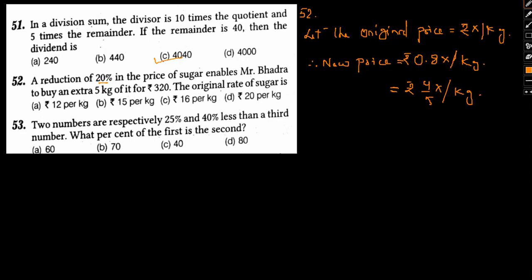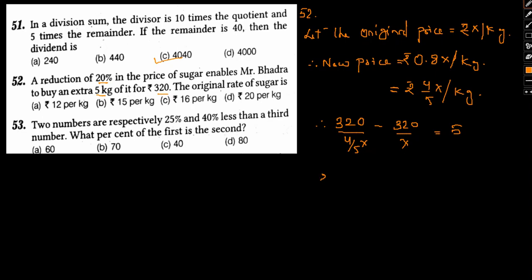Now, what is given? According to the question, due to the reduction in price, Mr. Badra is able to buy 5 kg more for 320. Okay, so initially, 5 kg more, that is the second quantity is more, so 320 by 4x by 5 minus 320 by x equals 5. Okay, so this is what we have.